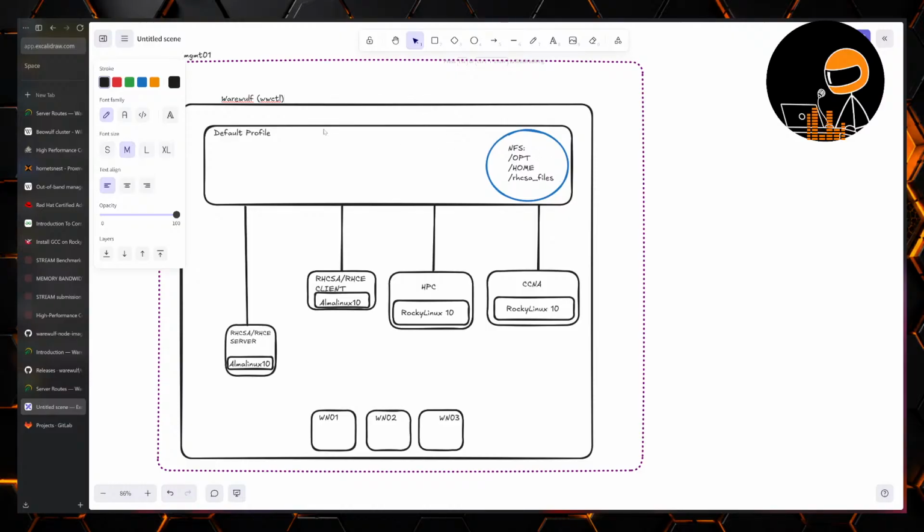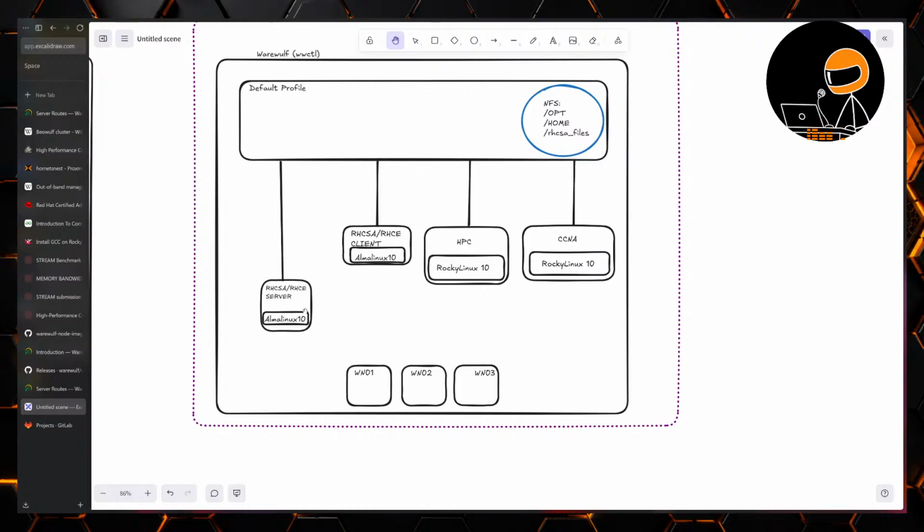All right, so in the default profile, I have NFS mounts configured. I have additional profiles created that have images put within those profiles, and I can push those profiles to any one of my worker nodes.